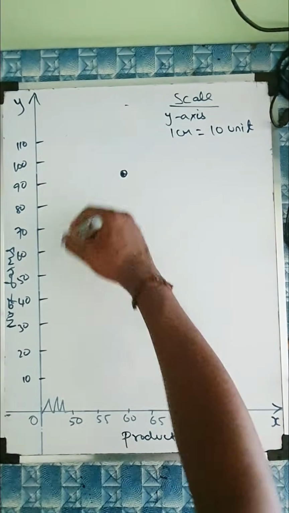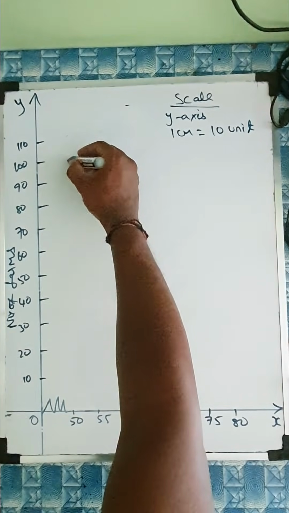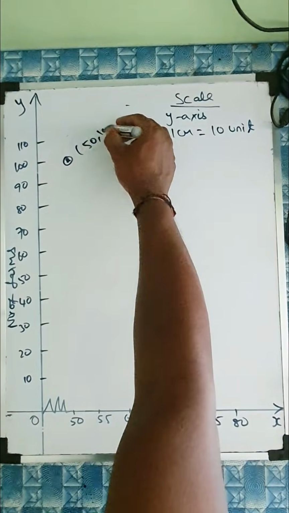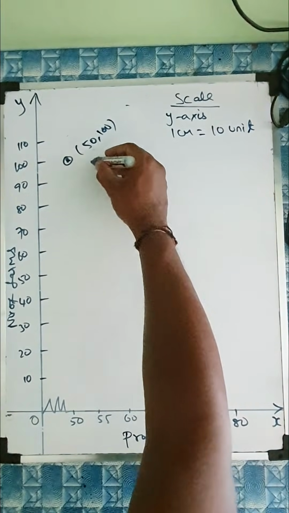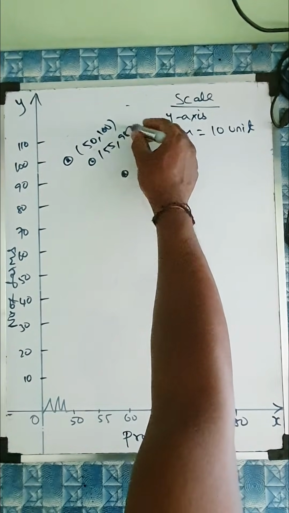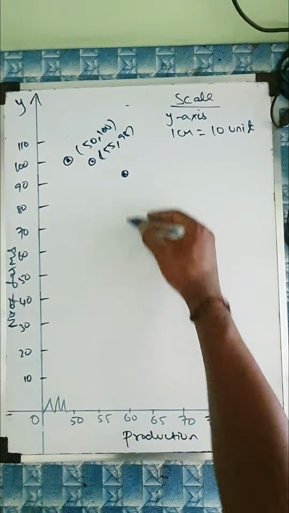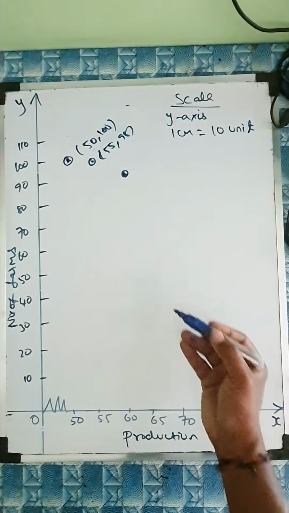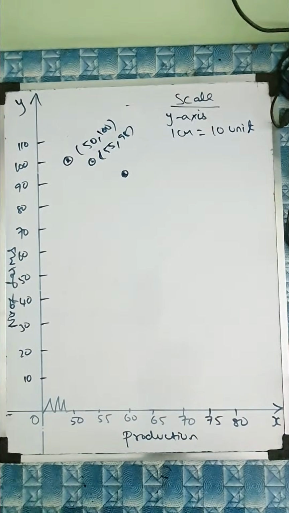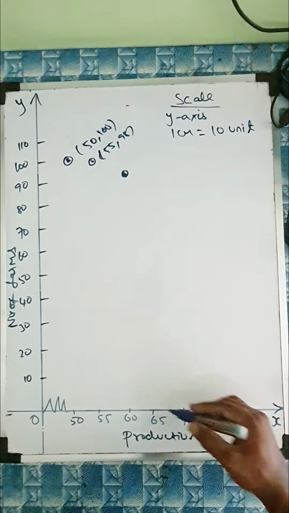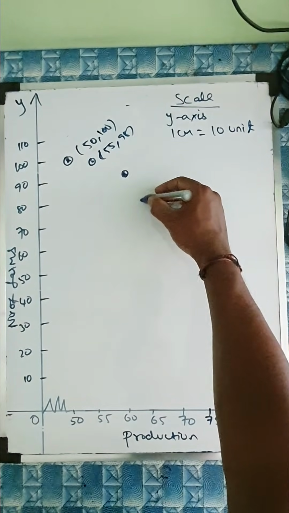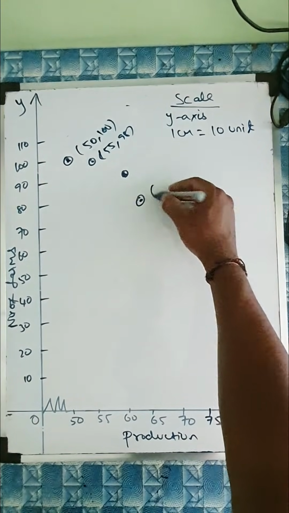Now it's actually 50 is 100 here, 55 is 98, and 60 is 90. And 65 is 78, is it? 65 was 78, so below, 2 boxes.